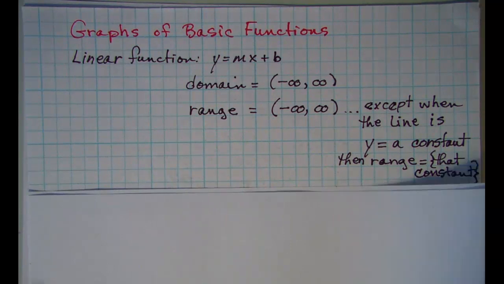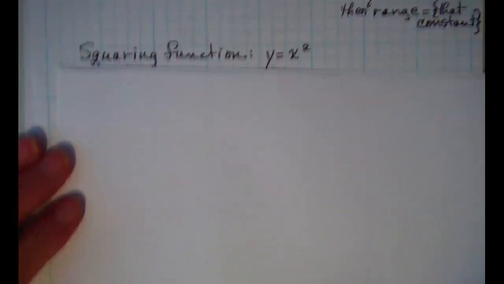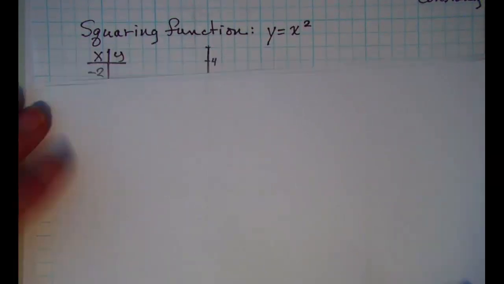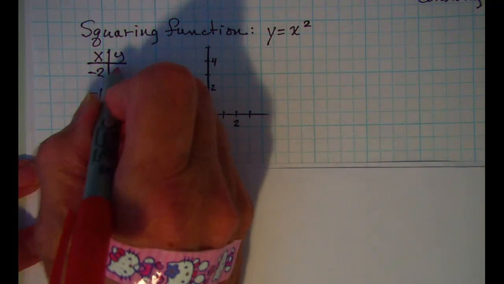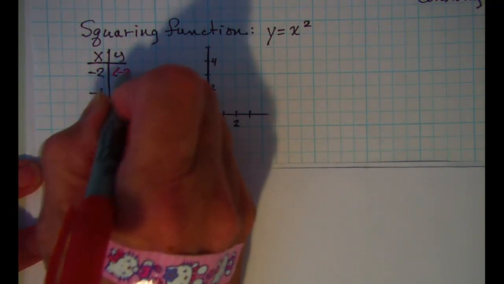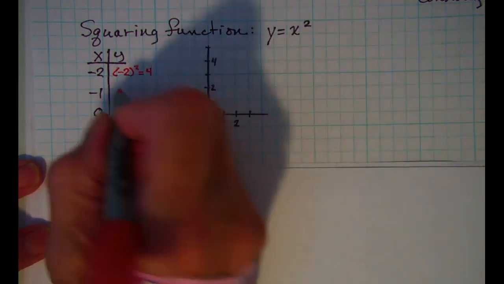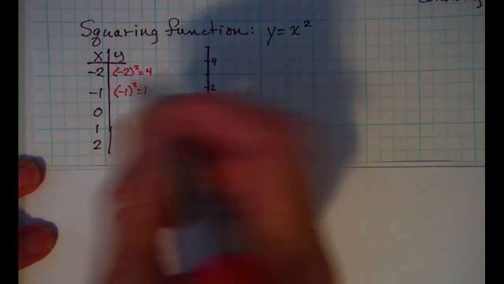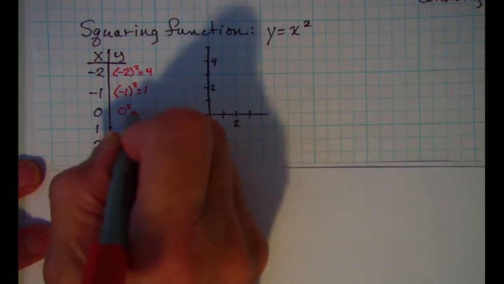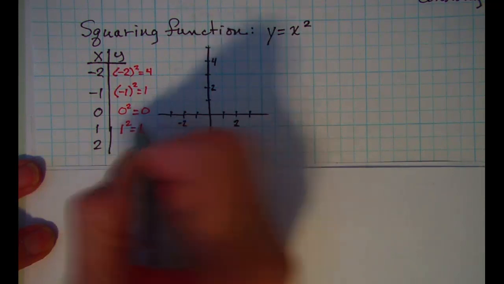Our next basic function is the squaring function. When I square -2, I get 4. -1 squared is 1. 0 squared is 0. 1 squared is 1.